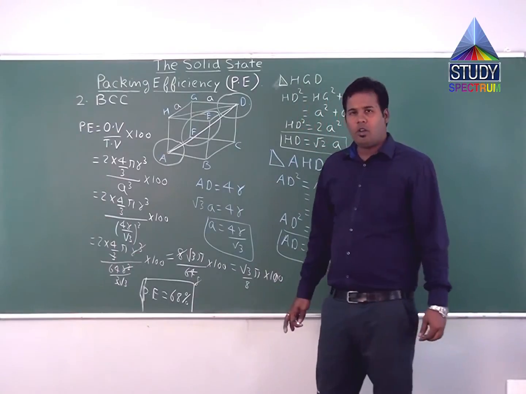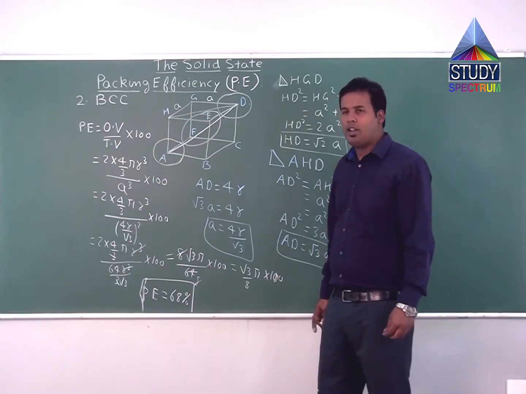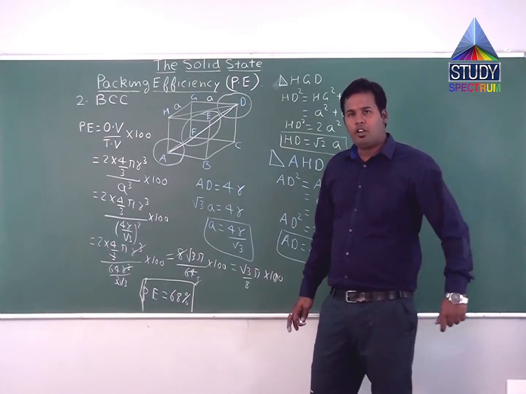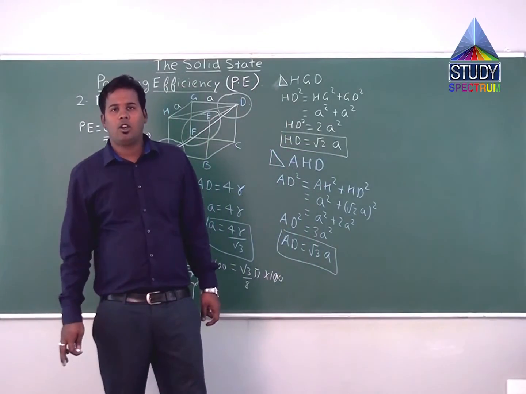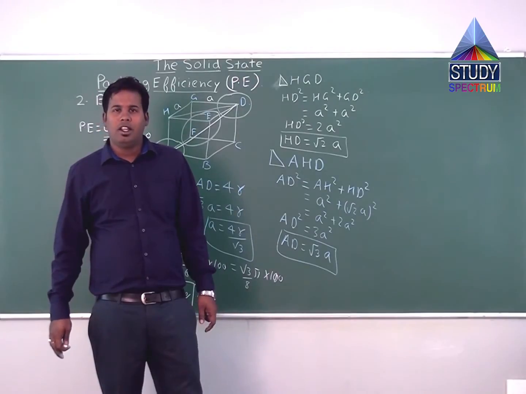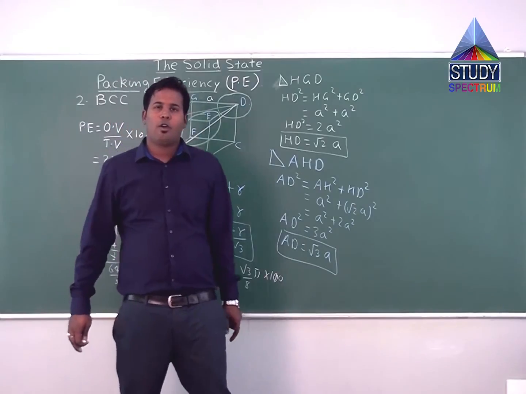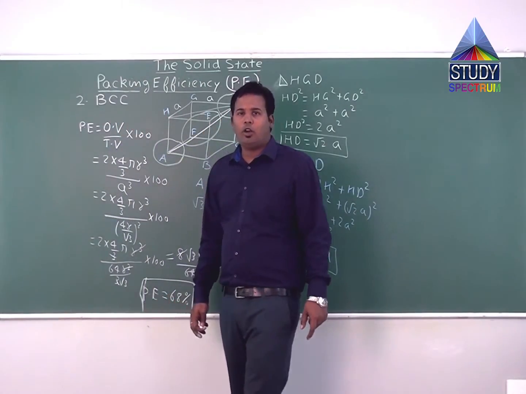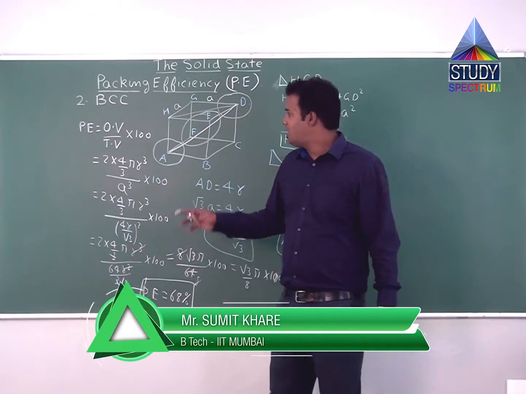So let us just recall what we have seen over here, how to calculate the packing efficiency of body-centered cubic unit cell. First of all, do remember, in body-centered cubic unit cell, along with the spheres present at the corners of this particular cube, there is a sphere present exactly at the center of the cube. From each corner, 1/8 of that sphere is inside this cube.